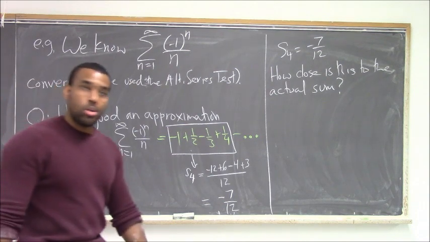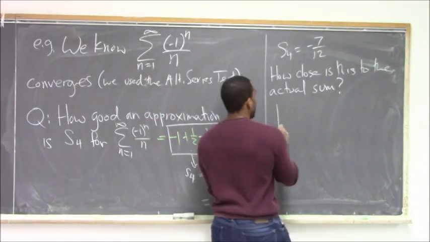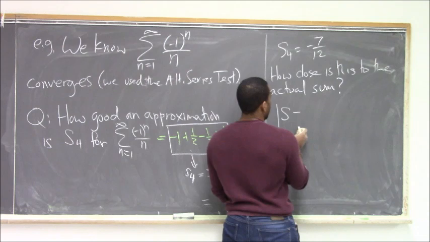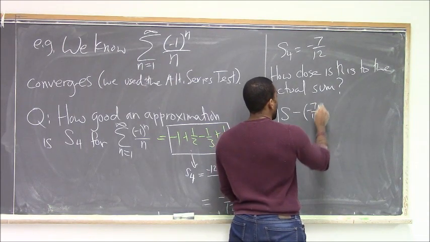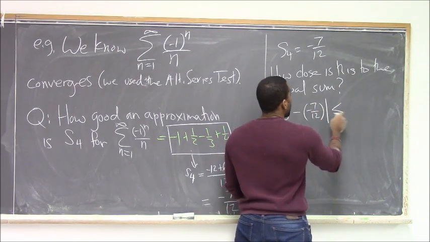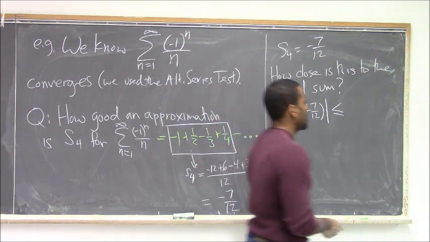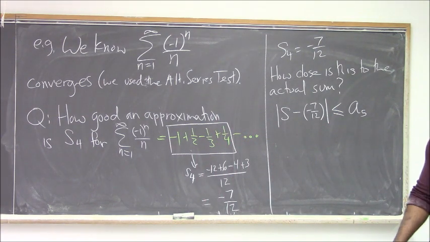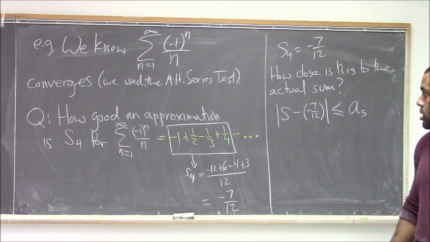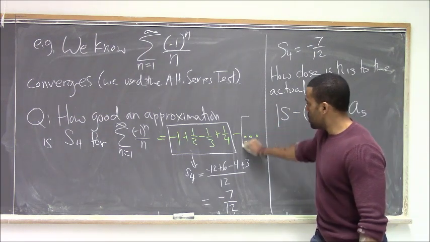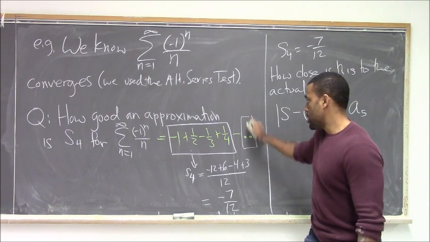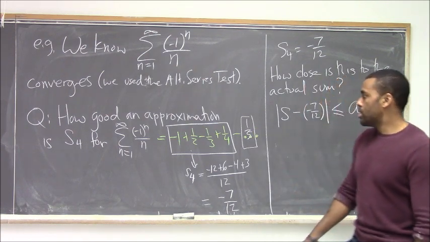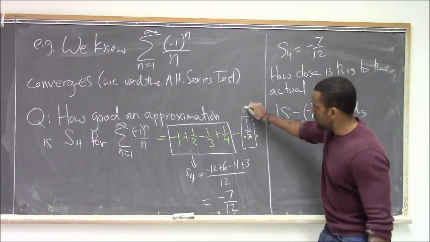Well, it turns out that the difference between S and -7 over 12 is going to be less than or equal to A5. Specifically the 5th term. Now what's the 5th term? The 5th term that we would have written down here would be 1 over 5. Right? This is actually A5.